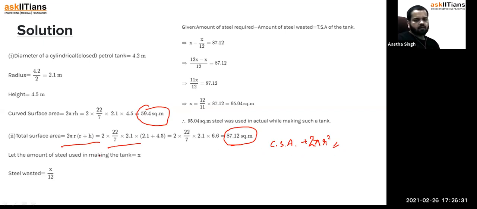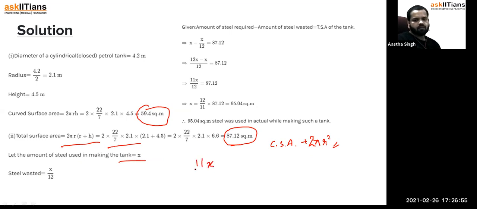Okay, the question is: let the amount of steel used in making the tank be X. So steel wasted will be X by 12 while making the tank. Suppose the amount of steel is X, but you have wasted X by 12. So the remaining will be what? You are having X steel, but we have wasted 1 by 12.